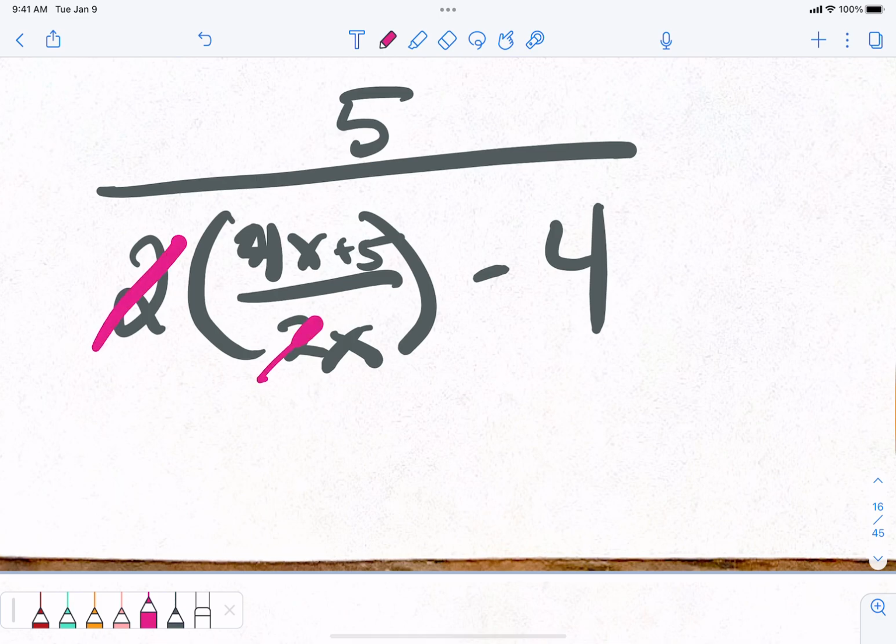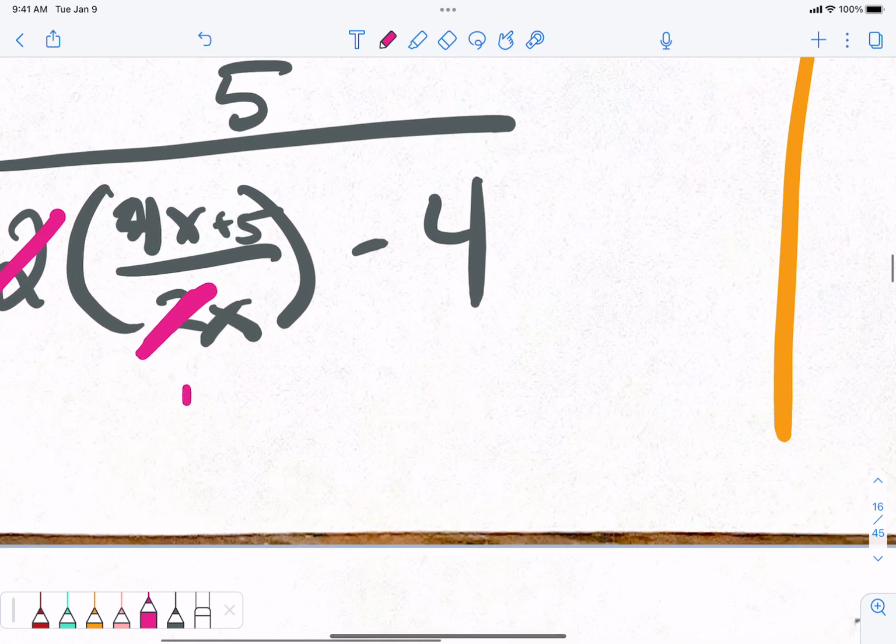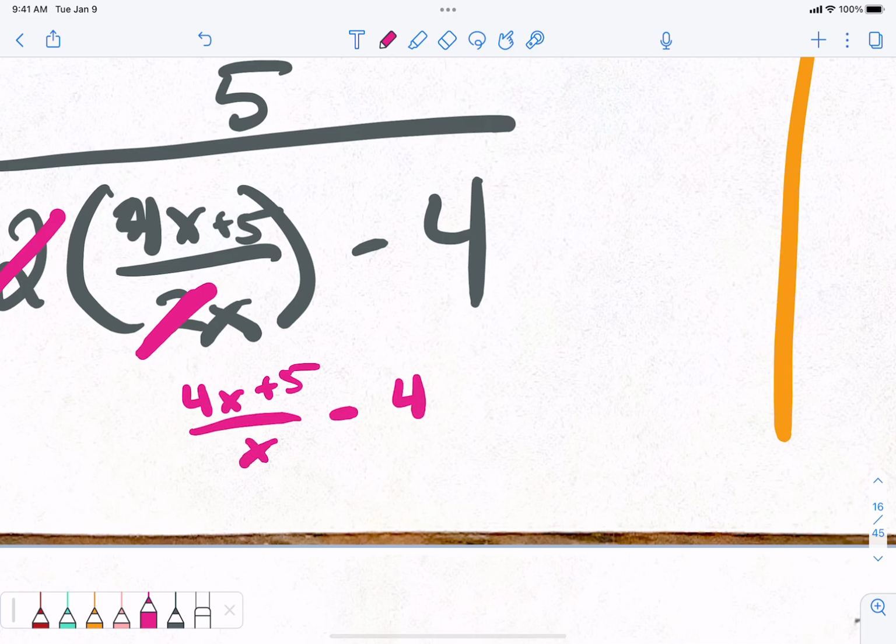We can cancel the 2's. Okay, so now we've got this bottom part: 4x plus 5 over x minus 4. I want to have a common denominator of x. So this would be minus 4x over x. You see that? If I make it a common denominator, it would be minus 4x over x.